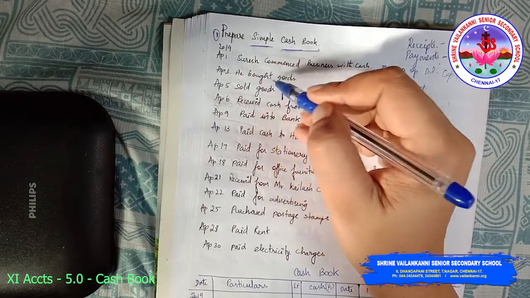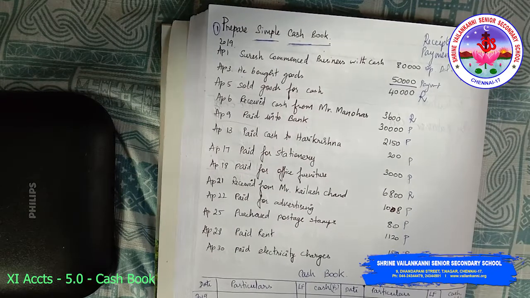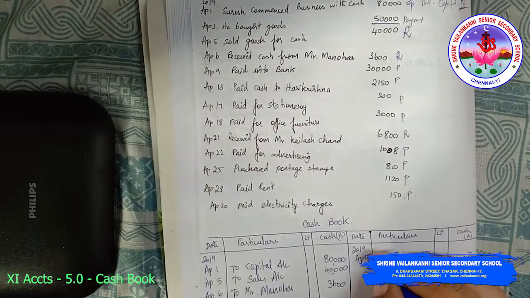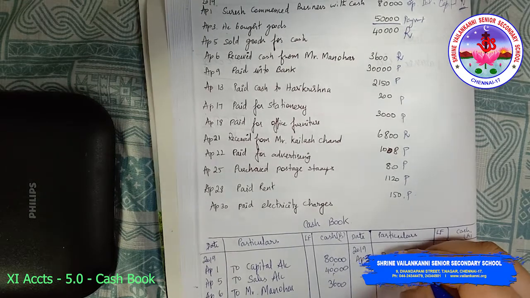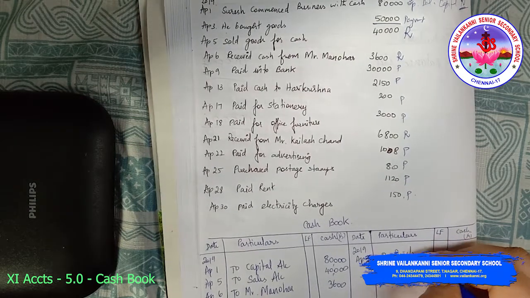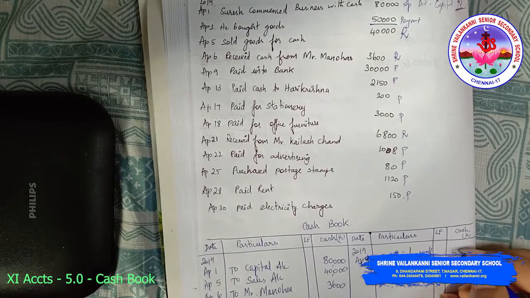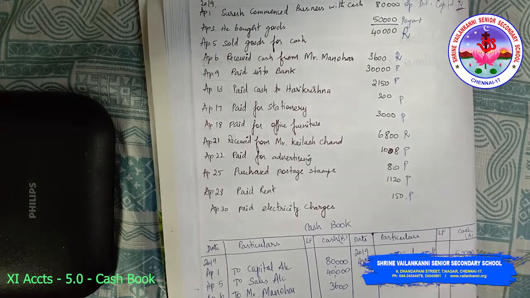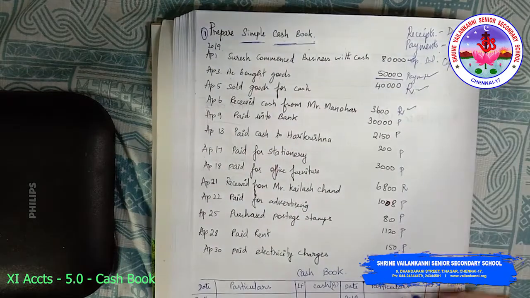April 3, he bought goods worth rupees 50,000. So I'm just going to write that. That's a payment again. April 3, purchases, goods bought, 50,000. So this one is over, this one is over, this one is over, and this one is over.